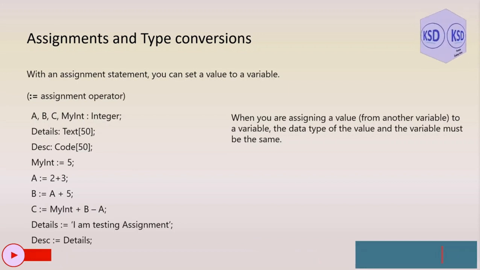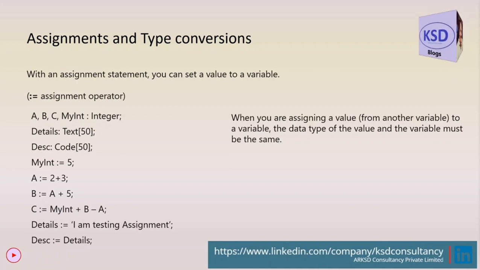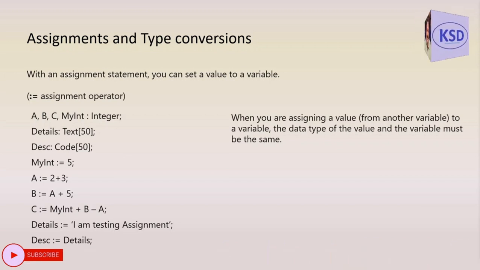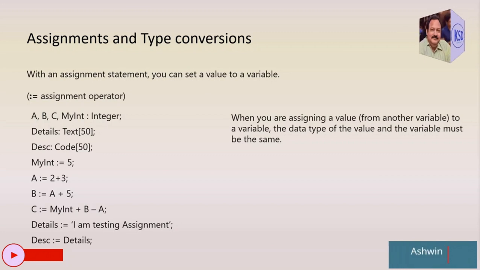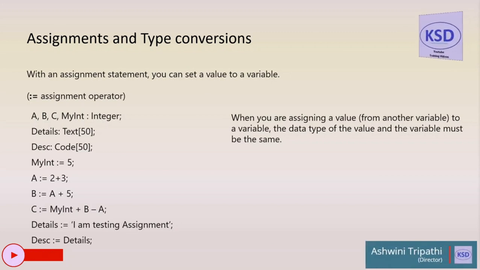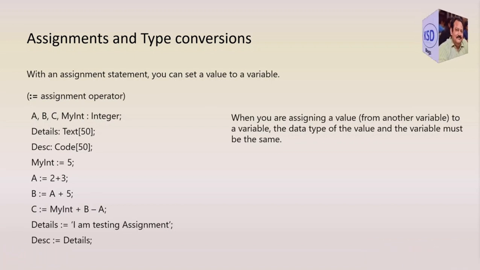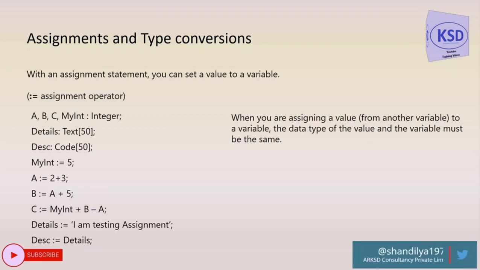The assignment statement is the most frequently used statement in your application. With an assignment statement, you can set a value to a variable, or the statement will assign a value to a variable, whatever you say. So for example, we have defined A, B, C as integer values.